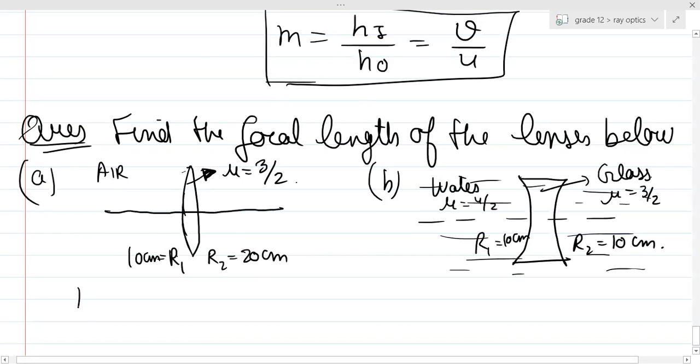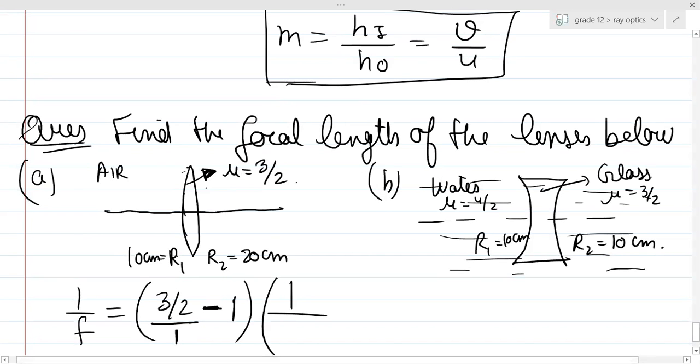This is 20 centimeter. So calculate the focal length: 1 by f is equal to, do you remember, mu 2 minus 1, that is 3 by 2 minus 1, into 1 by R1 minus 1 by R2. So the conventions: positive this side, negative that side.